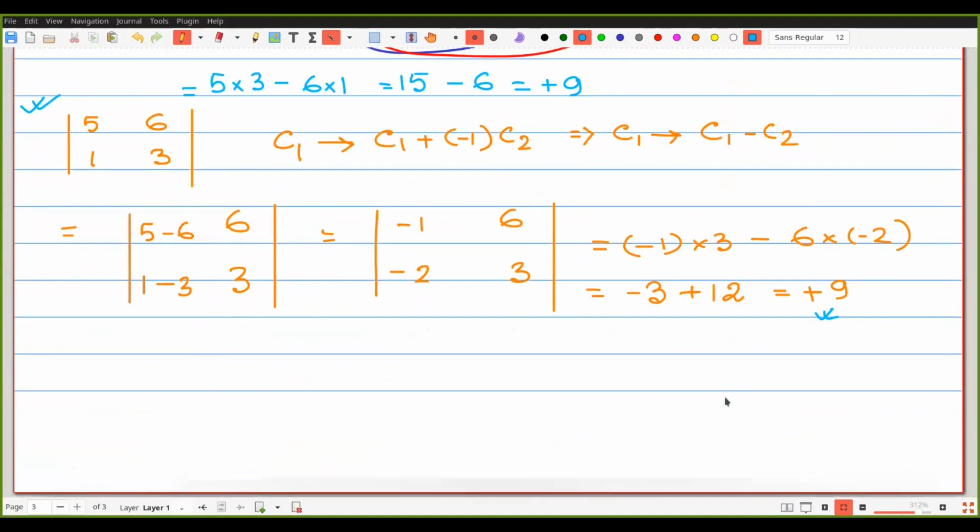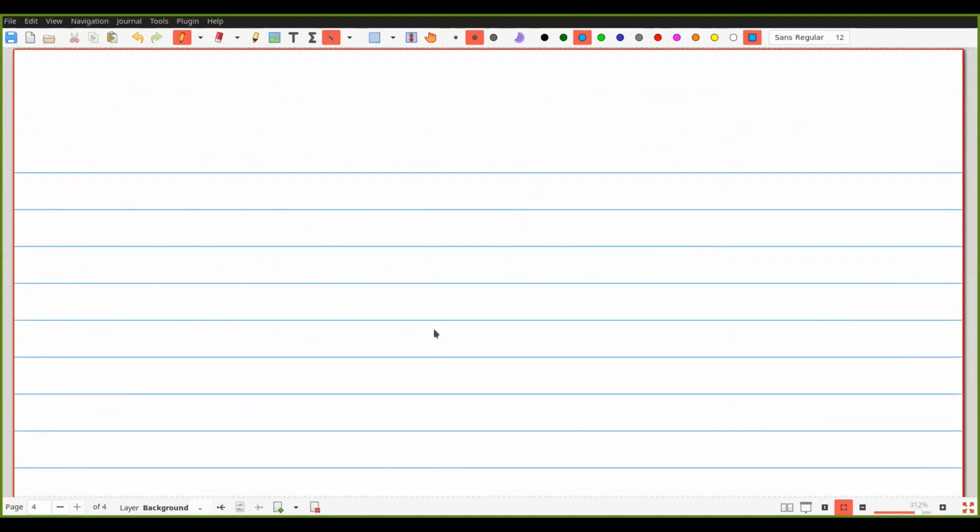Suppose not always in the expanded form. In the problem or question, it may be possible that it says not using the expansion, or not using the determinant expanded form, find the value of the determinant.